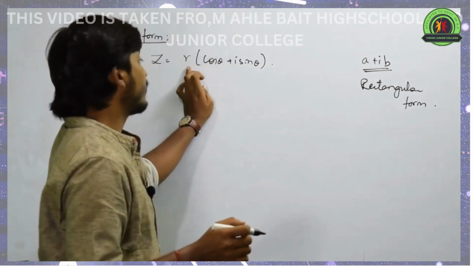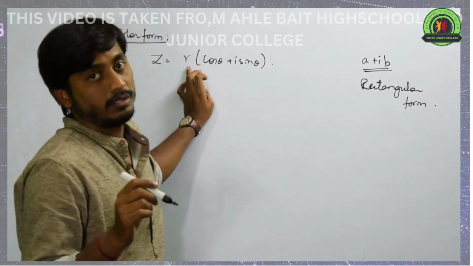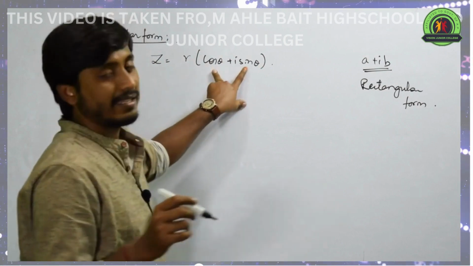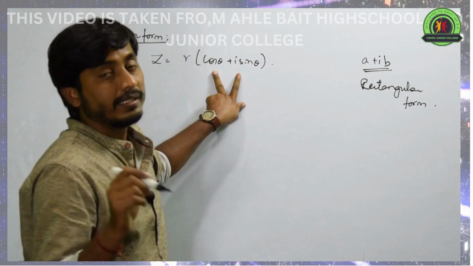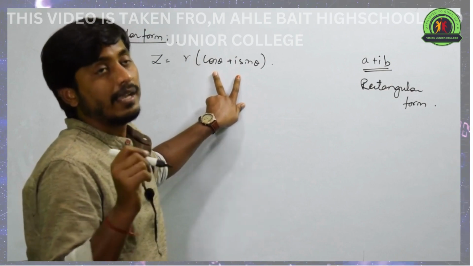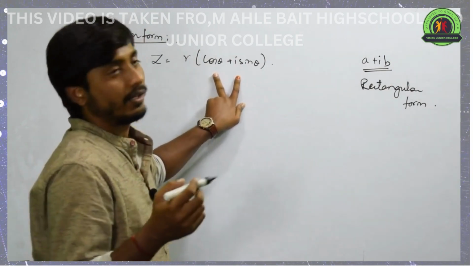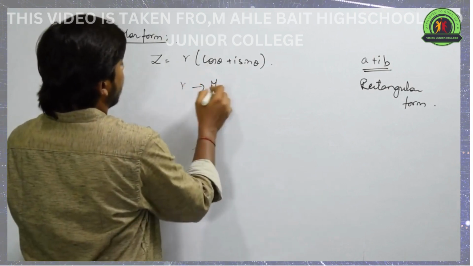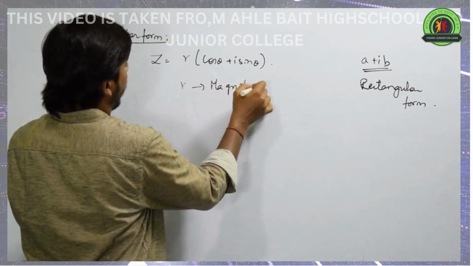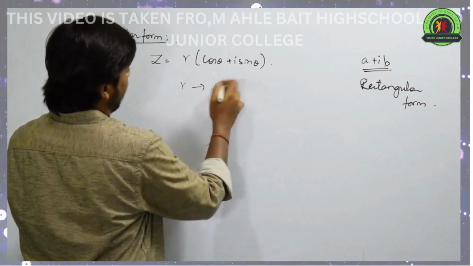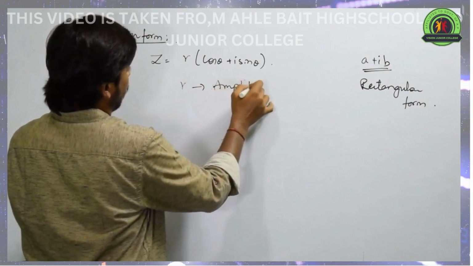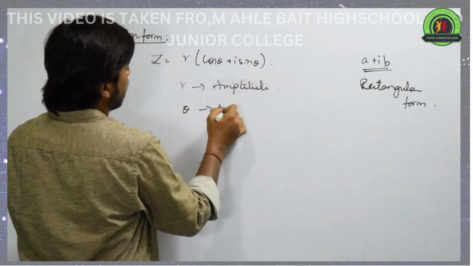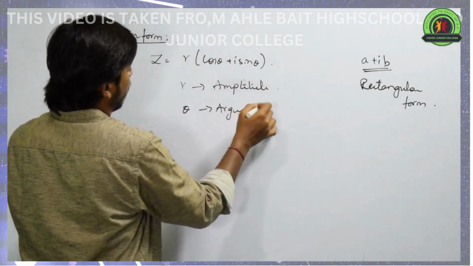Here r is called the modulus, sorry, r is called the amplitude, whereas in cos theta plus i sin theta, the theta is called the argument.